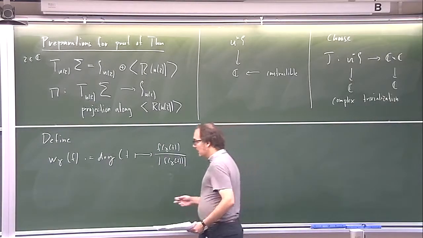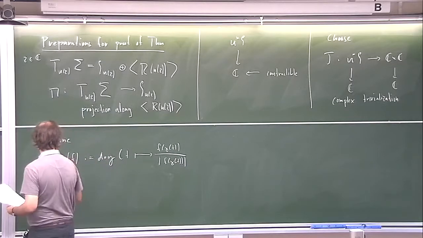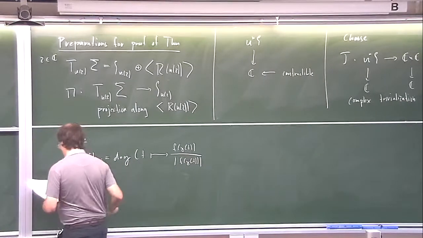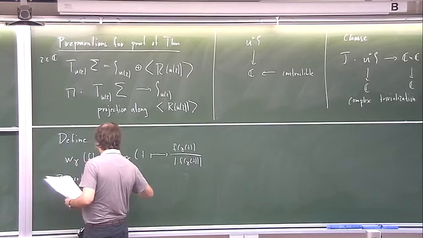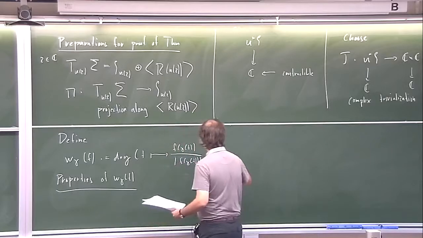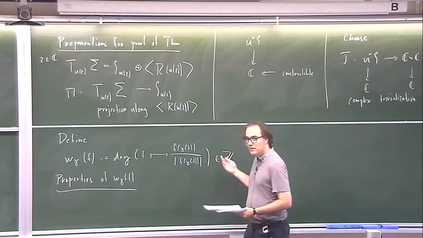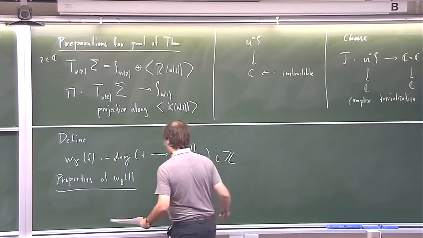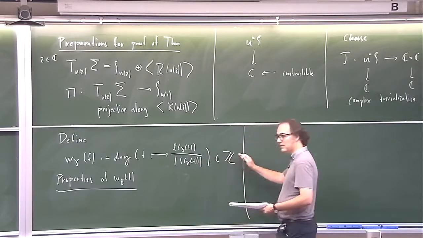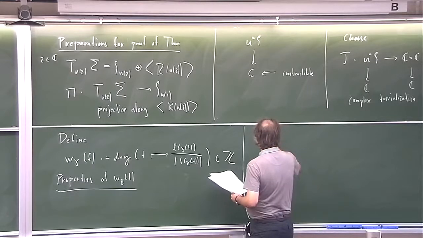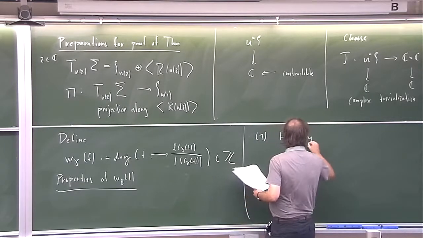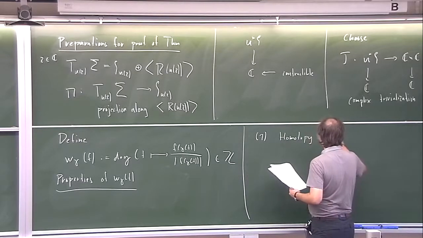This degree has some nice properties. It's an element in Z. First is homotopy invariance. It's kind of jumpy because it takes discrete values.